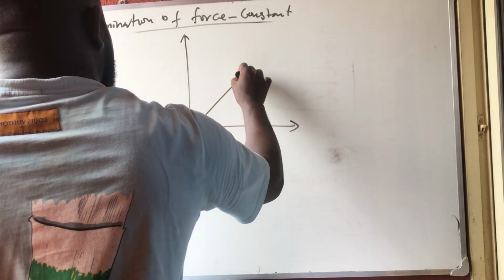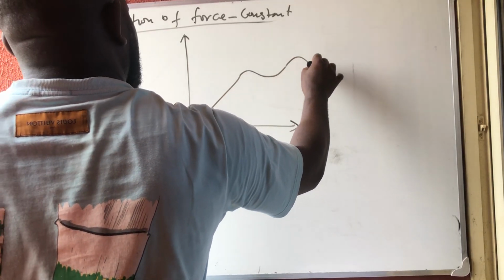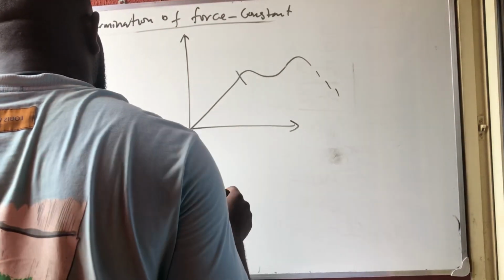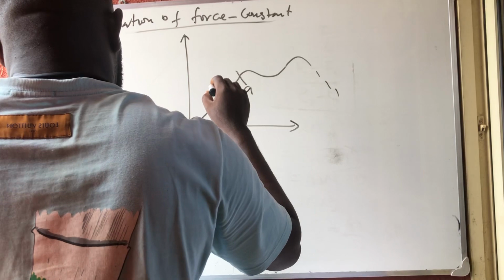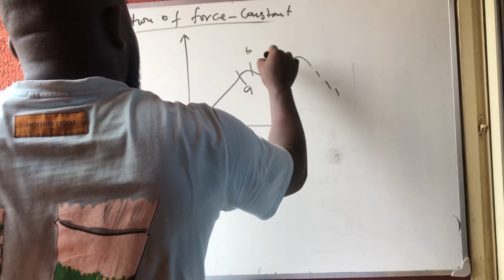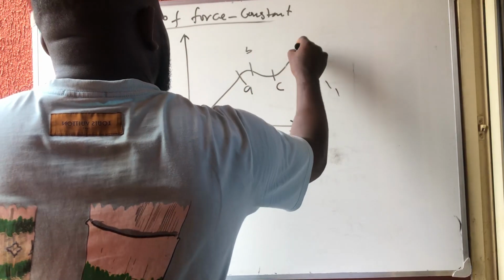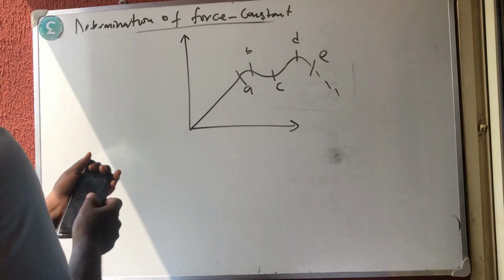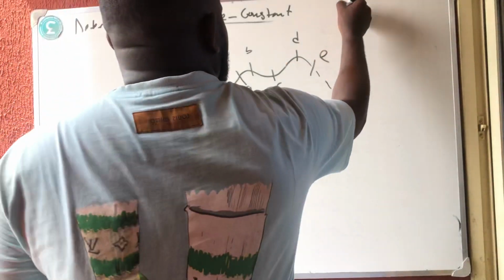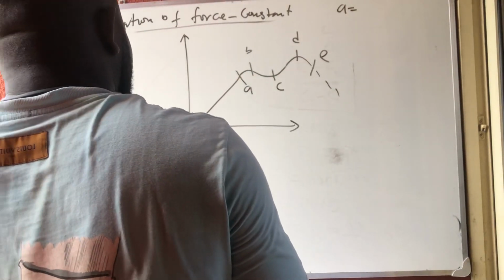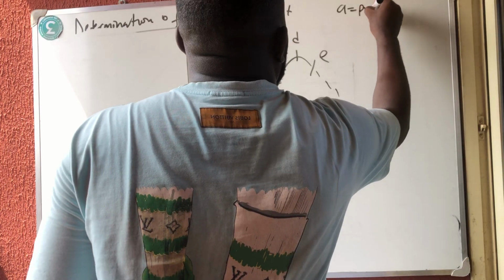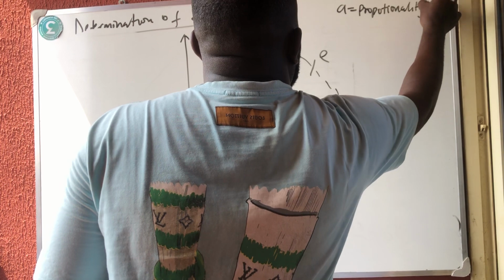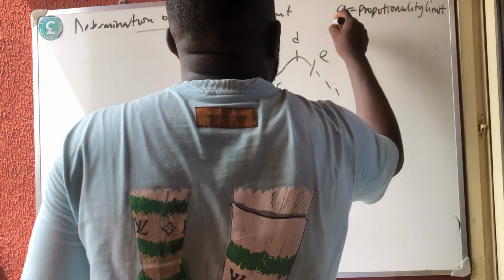Now let me show you the different stages that an elastic material passes through. We have something like this. We call the point where the straight line stops A. Then B, C, D, and E. These are the 5 stages. A is called the proportionality limit.